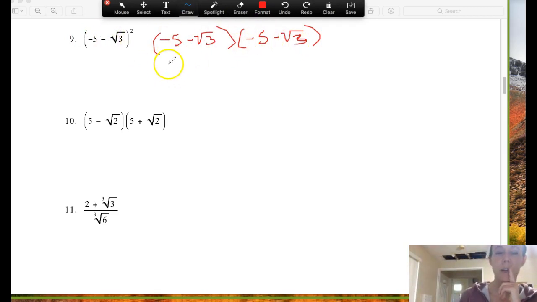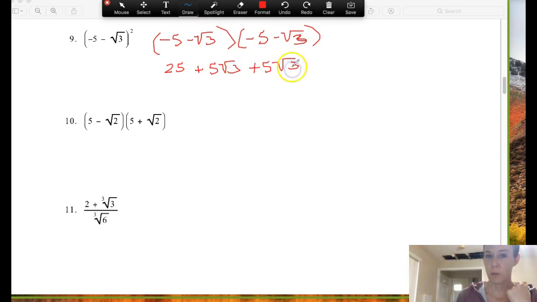Negative 5 times negative 5 is positive 25. Negative 5 times negative root 3 will be positive 5 root 3. Negative root 3 times negative 5 will be positive 5 root 3 again. So there are always 2 of the middle term when you square it. And then negative root 3 times negative root 3 will be positive root 3 squared, and the square and the square root cancel, so it just makes 3.